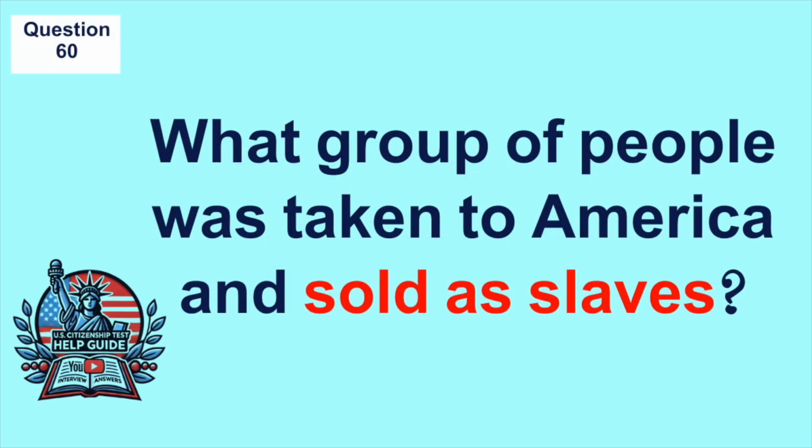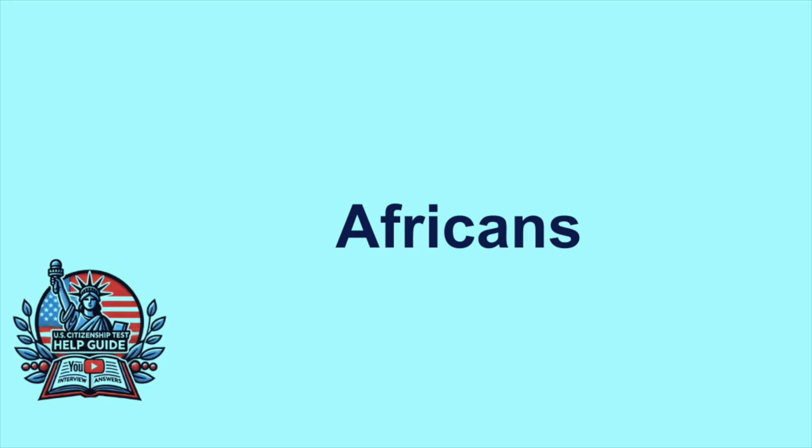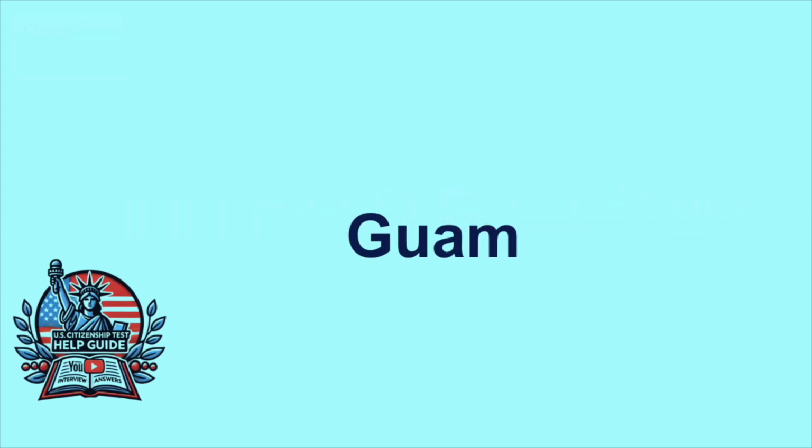What group of people was taken to America and sold as slaves? Africans. Name one U.S. territory. Guam.